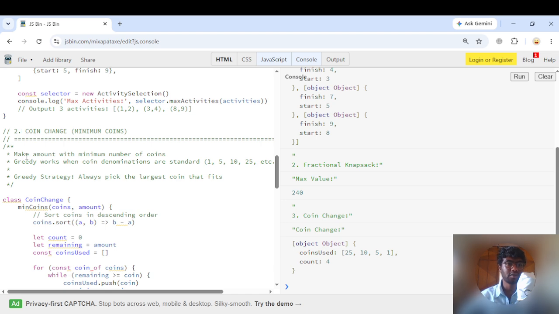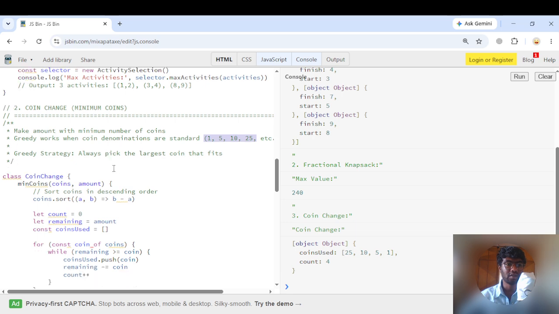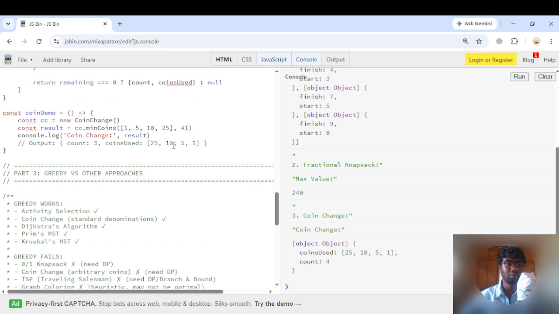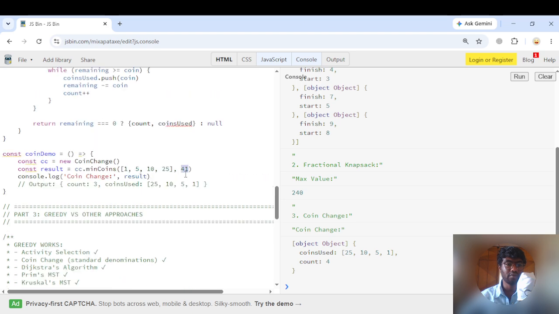Coin change example. Let's say we are given coins like 1, 5, 25, etc. With the greedy strategy, we are required to give an amount of 41. The way this problem works is we need to give 25 at the beginning, 10 next, and 5 next to satisfy the value of 41.